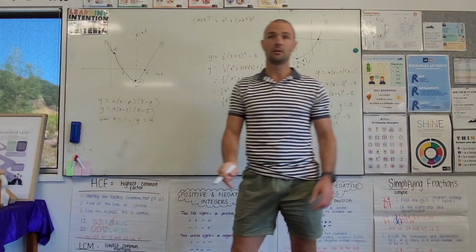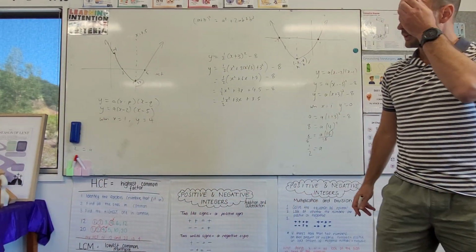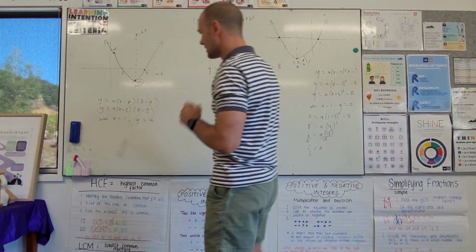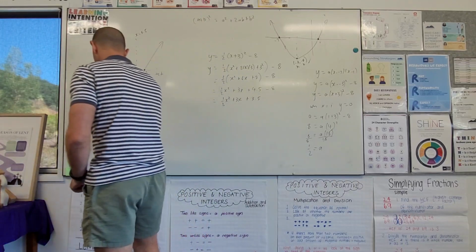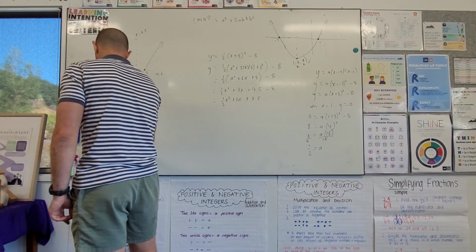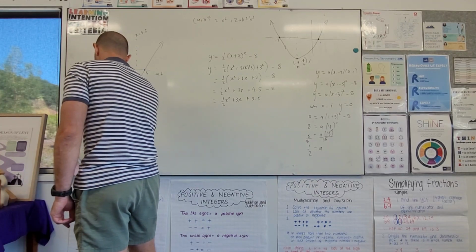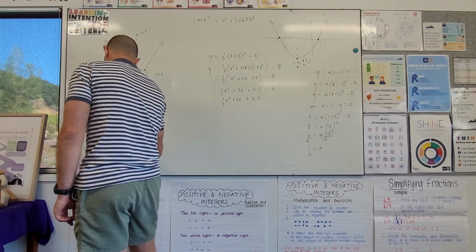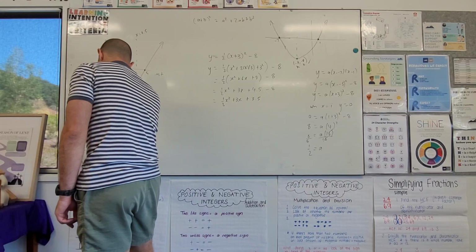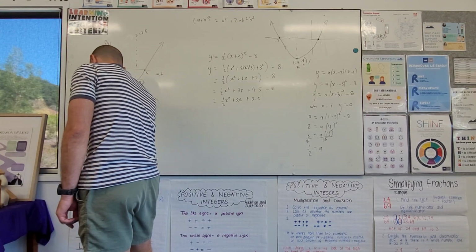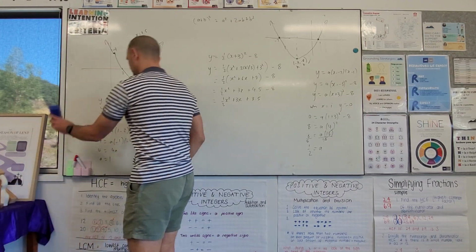Passes through that point. So we'll put 4 where the y is, and 1 where the x is. Four equals 4a. a is 1.